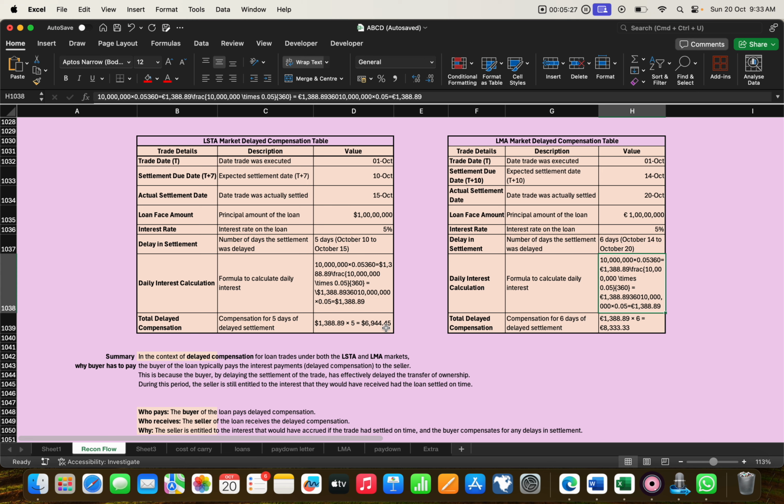The formula we have mentioned here is basic only. 0.05 divided by 360 comes with that factor value that we already discussed in our previous section.